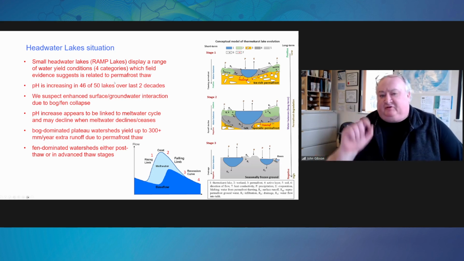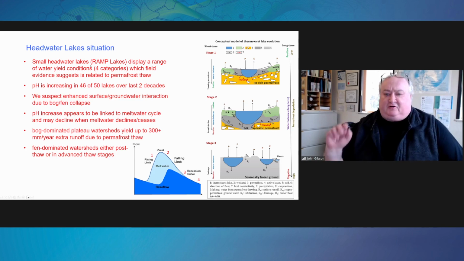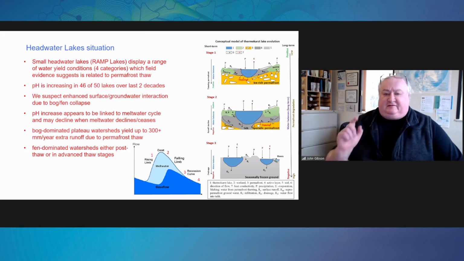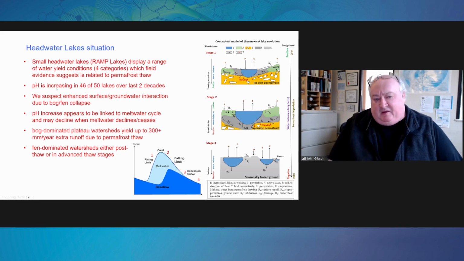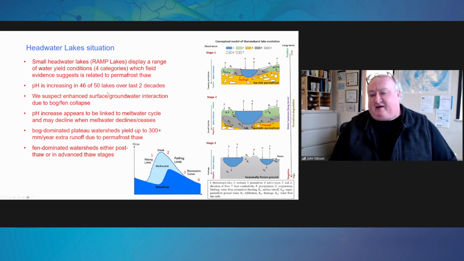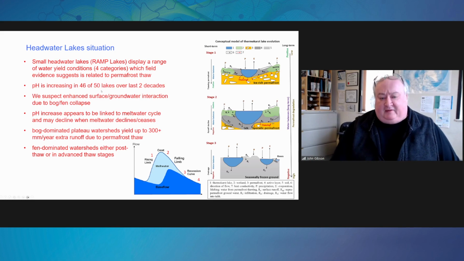I'd like to talk about the implications of the water availability or the water yield trends in the rivers after this, but I'll just summarize the headwater lakes first. pH is increasing in 46 of these 50 lakes over the last 2 decades. So this is exactly the opposite of what we thought when we thought these lakes might acidify due to acid emissions.